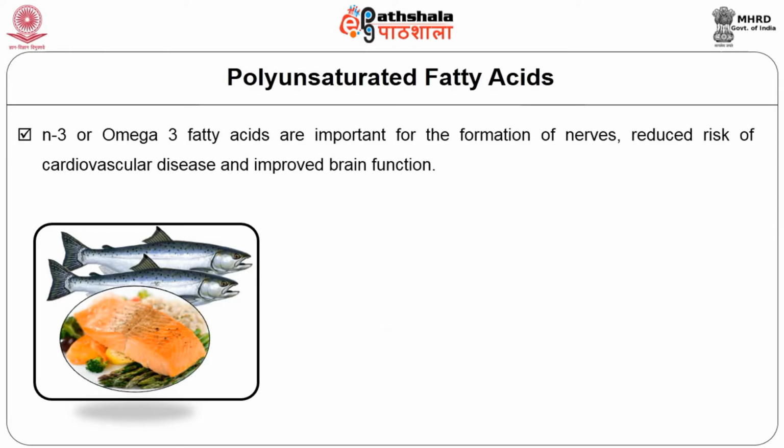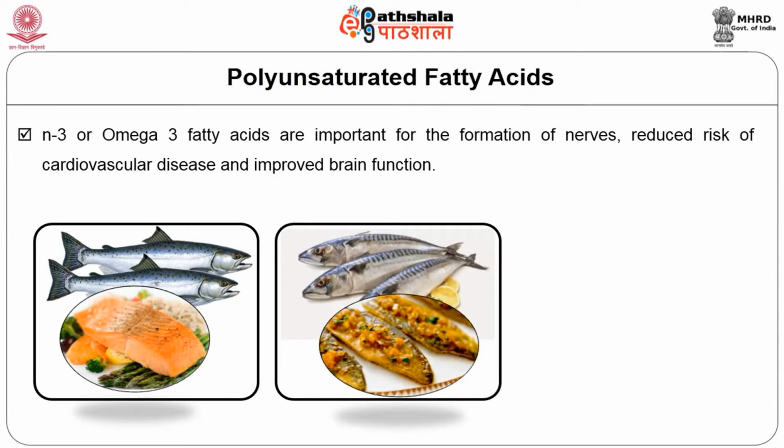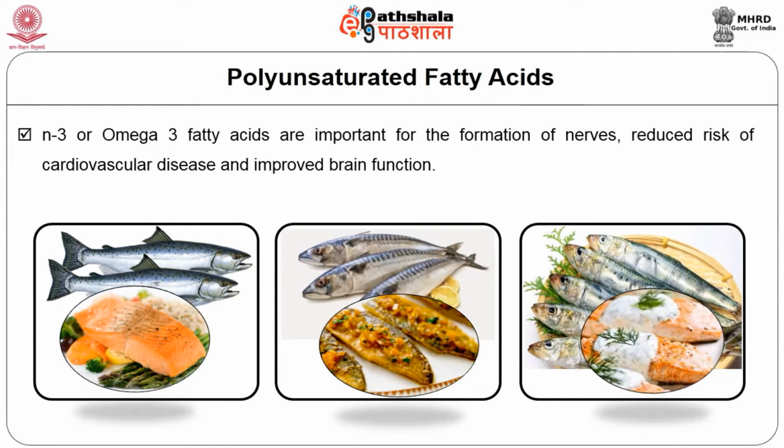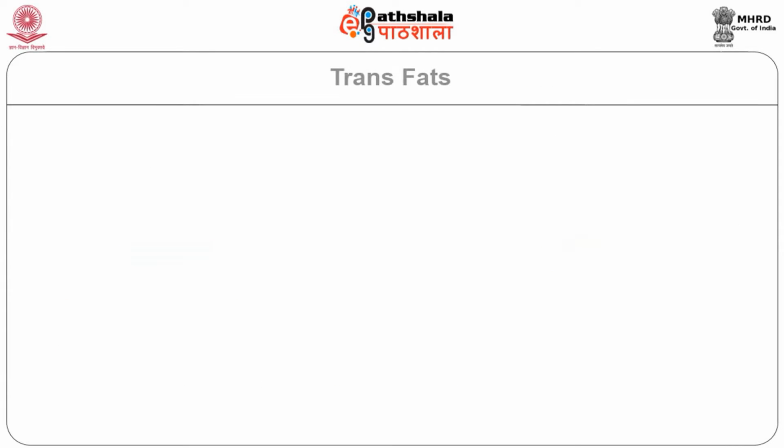Unrefined fish oils and oily fish such as salmon, mackerel and sardines are good providers of N3 or omega-3 fatty acids, which are important for the formation of nerves, reduced risk of cardiovascular disease, and improved brain function.